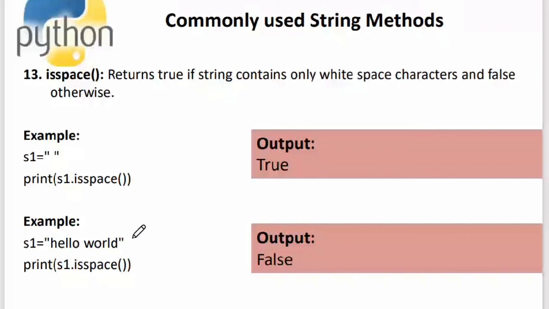There is space in between hello and world. But according to the definition of isspace, it should contain only white space characters. Along with the white space characters, in the second example I also have characters. So that's why it is returning false for me. Is isspace clear to everybody?